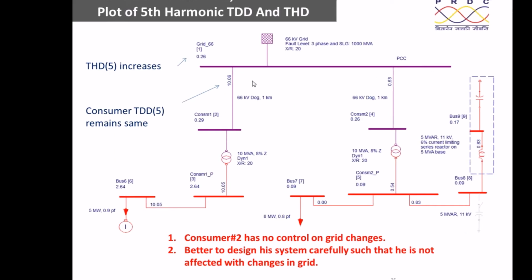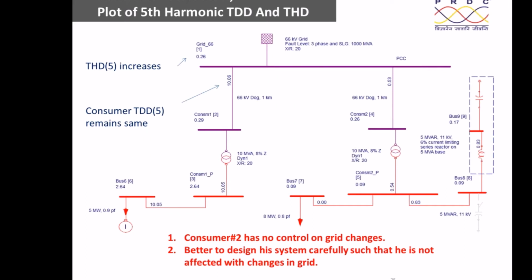And at the PCC, there is a consumer who is injecting the harmonic current. In this case, what is happening? The utility capacitor bank with the utility transformer is resonating at the 5th harmonic frequency. You might have seen in many places, if you don't do studies like this and then provide a capacitor bank, that the capacitor bank along with the transformer impedance may have a series resonance condition.